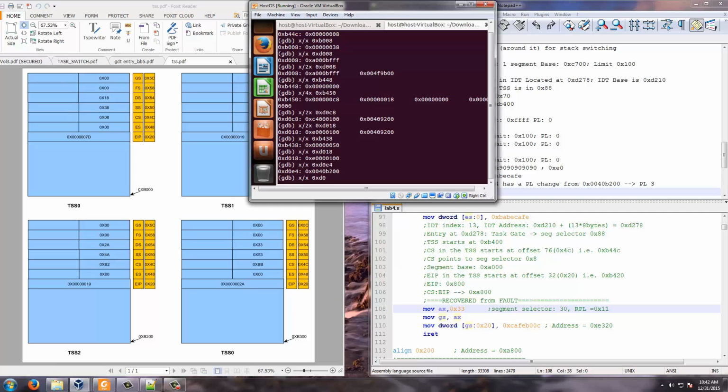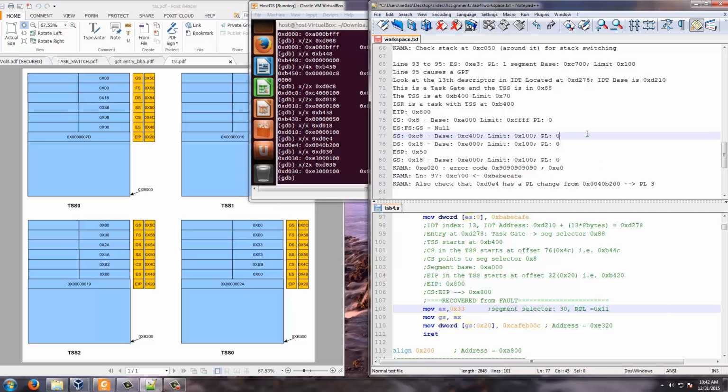finished this. Now we move AX comma 0x33. So let us see what is there in 0x D0 B3, D0 30. This is a E1300 segment with it's a privilege 3 segment, E1300 with base 0.